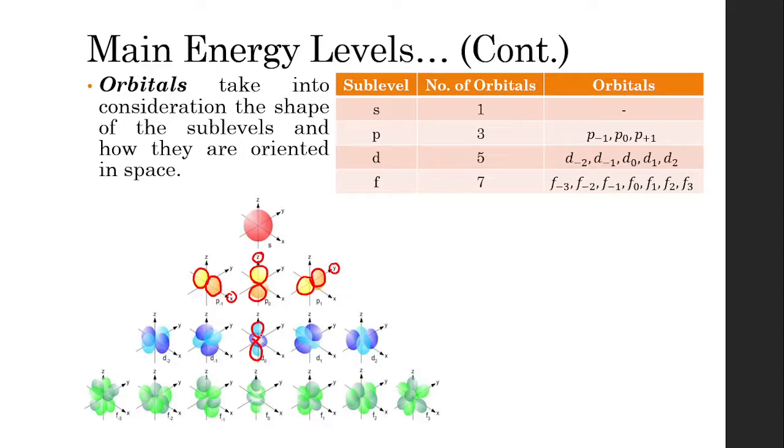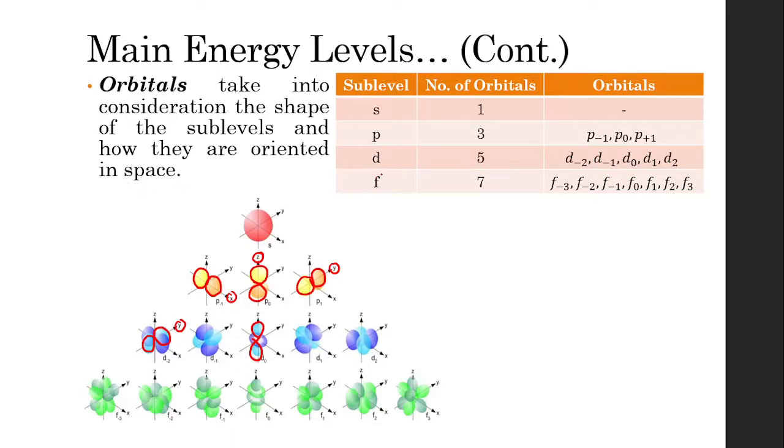Then I can twist it so that it is along the x direction, along the y direction, etc. So first you can see here, this is along the y direction, and then where's the x direction? Yeah, that's why it can get a little confusing. But just remember, for the d sublevel, you have 5 orbitals, meaning there are 5 ways to orient this shape.